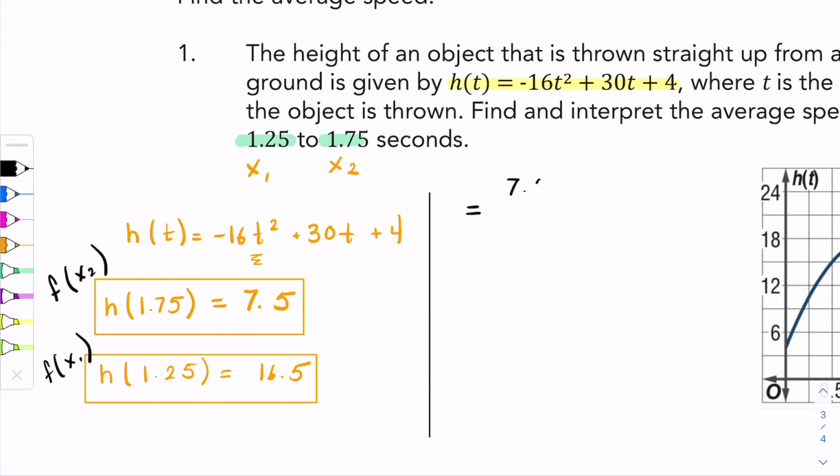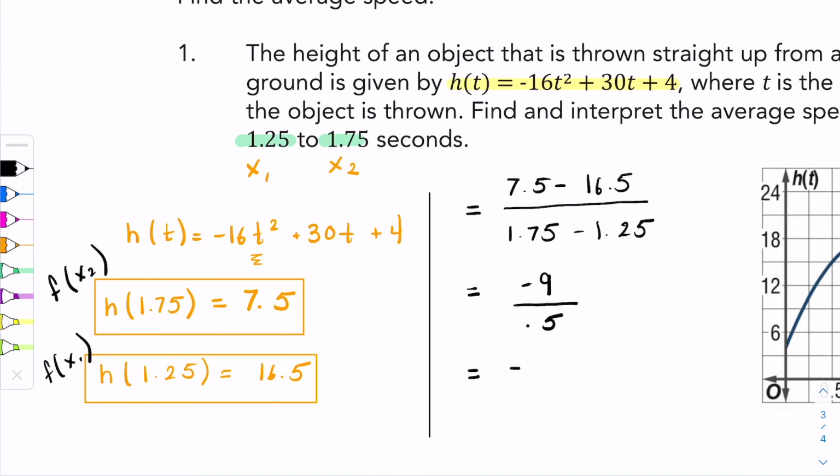I'm going to have 7.5 minus 16.5 divided by 1.75 minus 1.25. 7.5 minus 16.5 comes out to negative 9. 1.75 minus 1.25 is 0.5. Negative 9 divided by 0.5 is equal to negative 18. Negative 18 is your average rate of change. That is your answer.